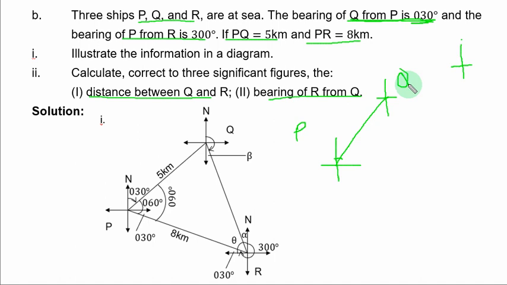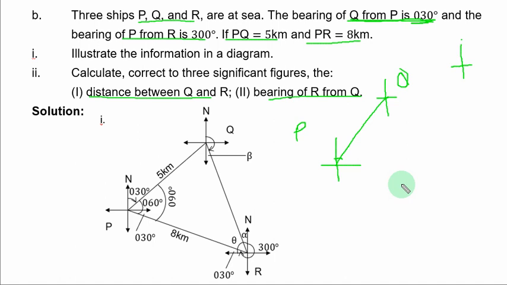When you go on, the bearing of P from R is 300 degrees. Now we are getting P from R. Already P is here. So I have to locate R, because the angle 300 is in the fourth quadrant.